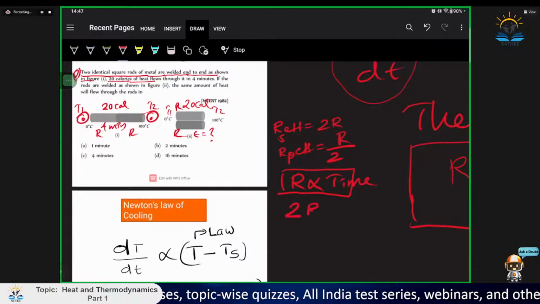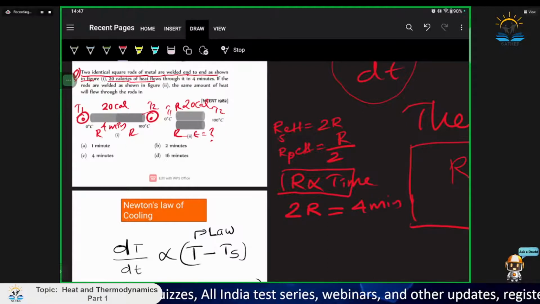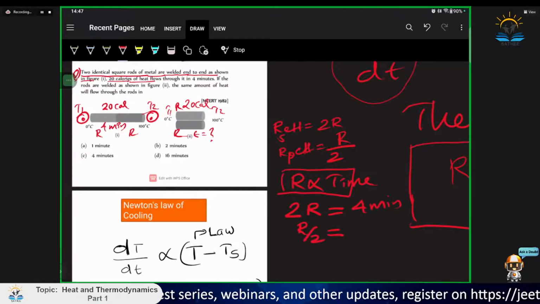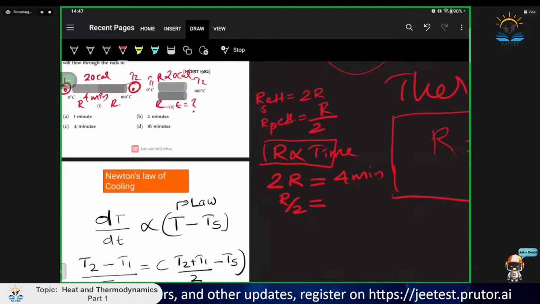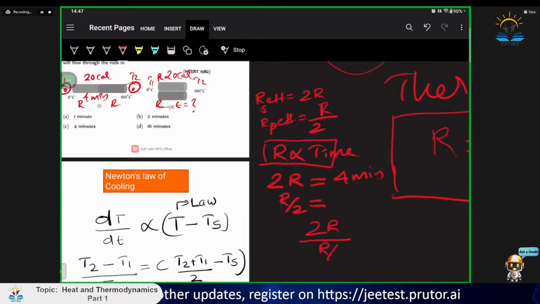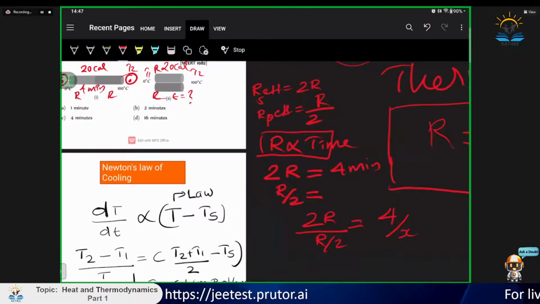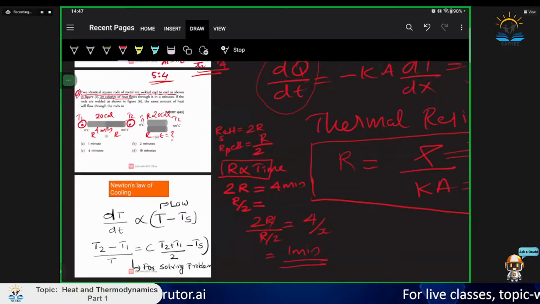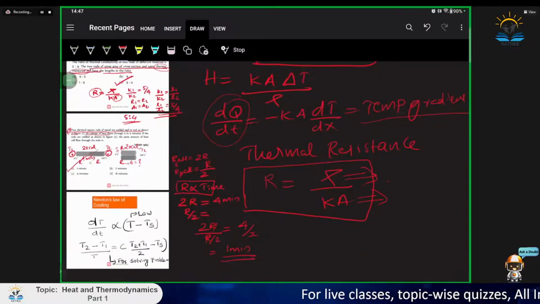For 2R resistance, we need 4 minutes. So for R by 2 resistance, how much time do we need? We can write 2R divided by R by 2 is equal to 4 by X. That is 1 minute. Okay. So 1 minute.